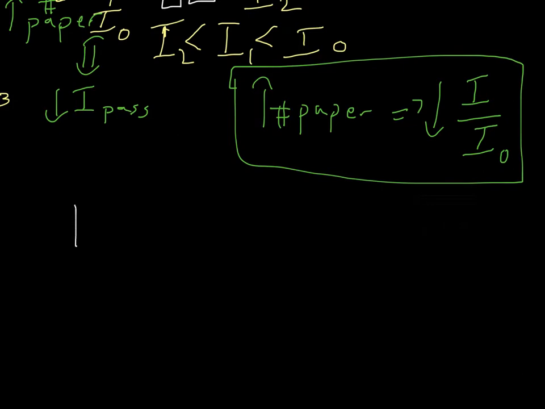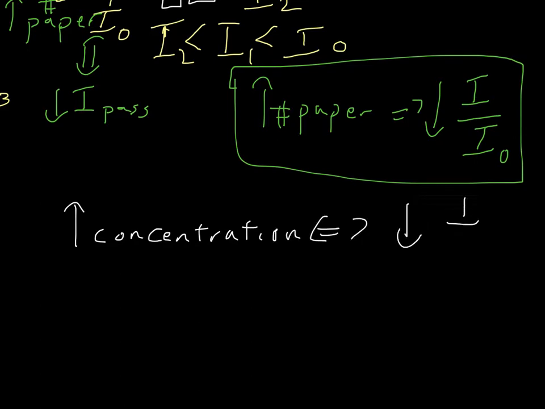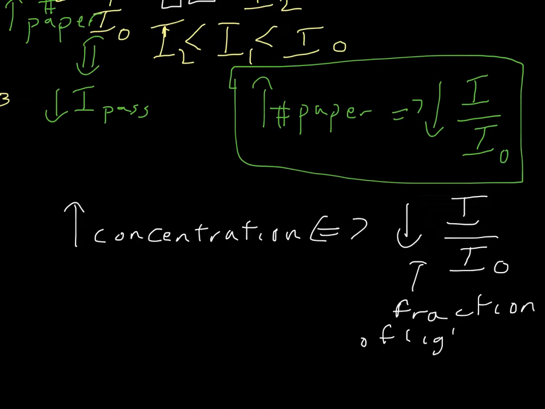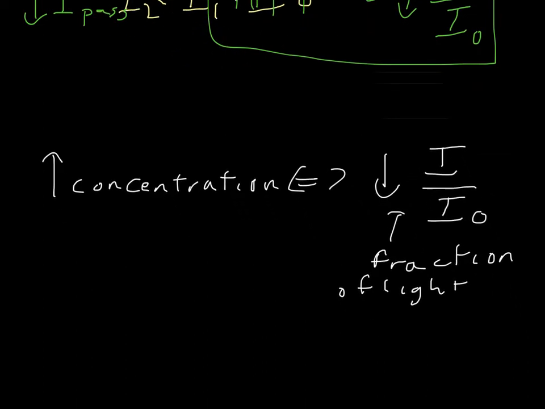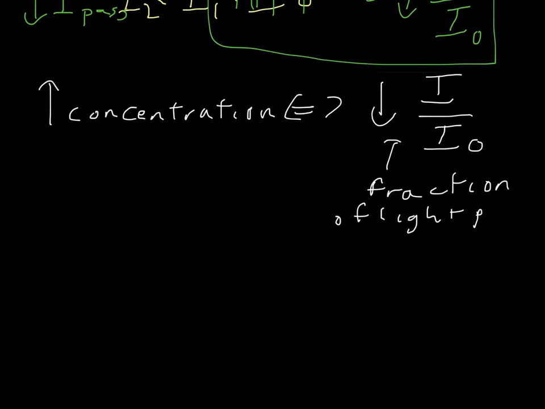Beer's law is saying that as concentration increases, the percentage of light passing through a sample, or the fraction of light rather passing through a sample, the fraction of light passing through our sample decreases.